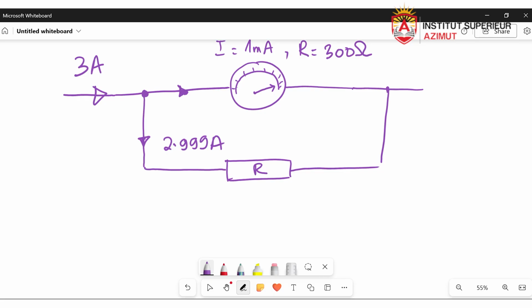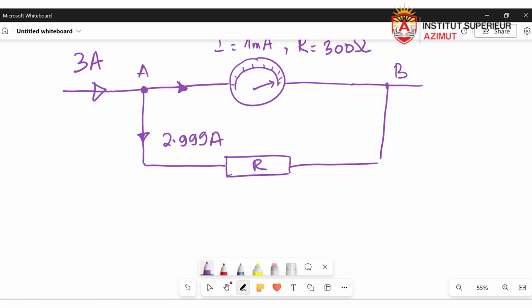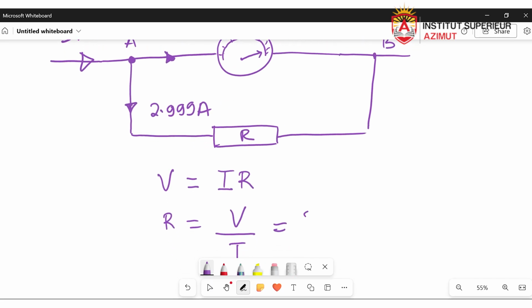So it's pretty straightforward. We know the current, we know the potential difference, because the potential difference between A and B is the same across the galvanometer and across the resistor. So all you need to do is, you know that the potential difference is the current times the resistance, and if you're looking for the resistance, you just have to apply this and you have your answer.